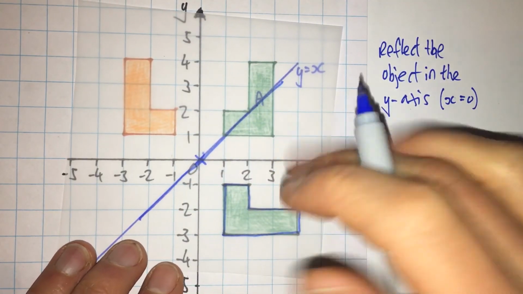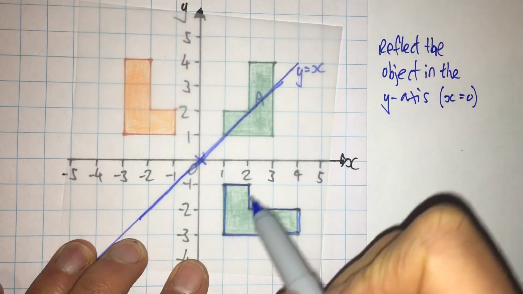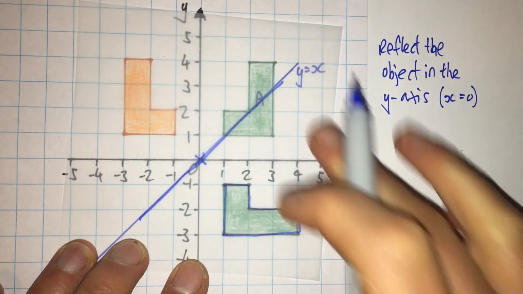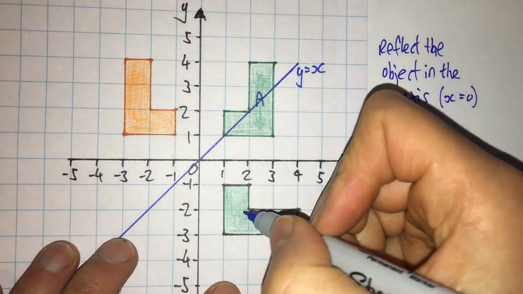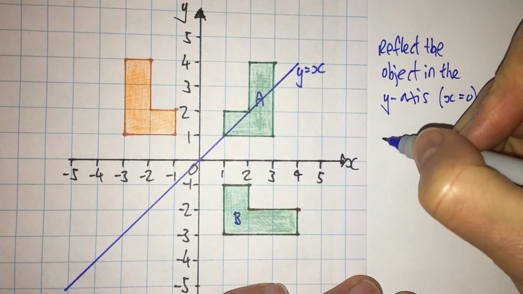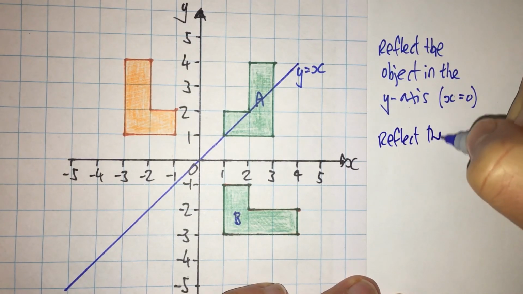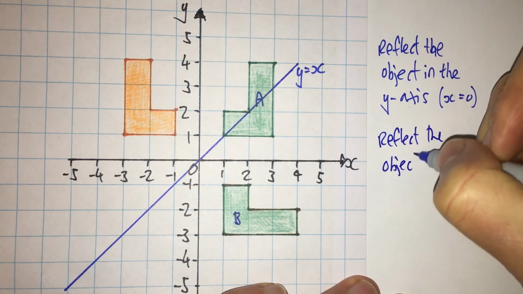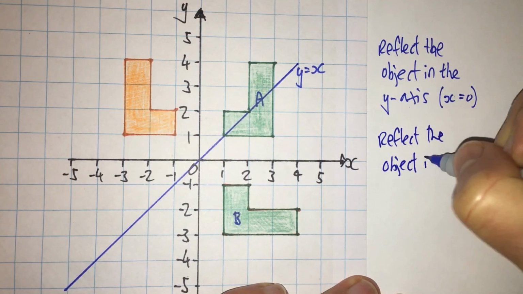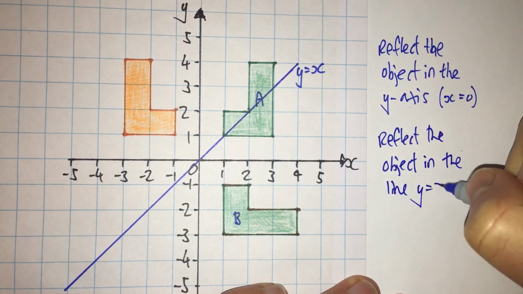You can see that it's transformed that object exactly on top of this image here. So if we call this image B, then for B we reflect the object in the line y equals x.